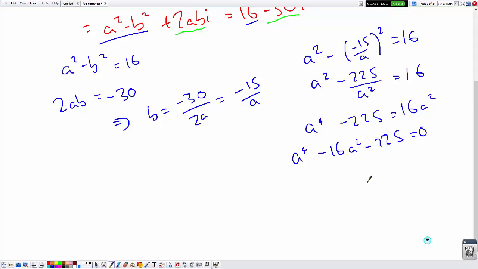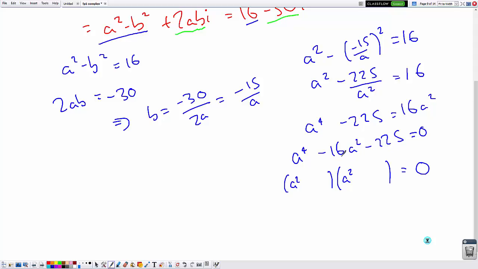So I think this one will factorize. So let's think about, can we think of numbers that multiply to give you 225 and add to give me 16? It'll be a squared something, a squared something, equals 0. Numbers to multiply: obviously it's not going to be 15 and 15. 25 and 9.